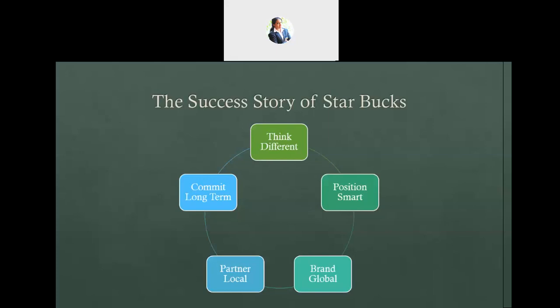The next thing they did was: your brand has to be global, but your partners have to be local. One more thing the company had to go through was that, like our Indian market, even the Chinese market is not a homogeneous market. For every mile, the market changes.